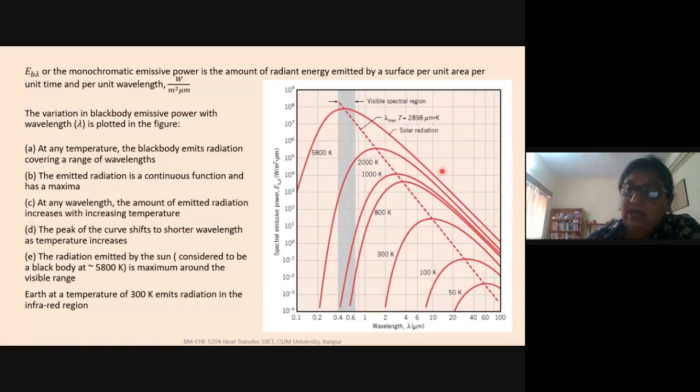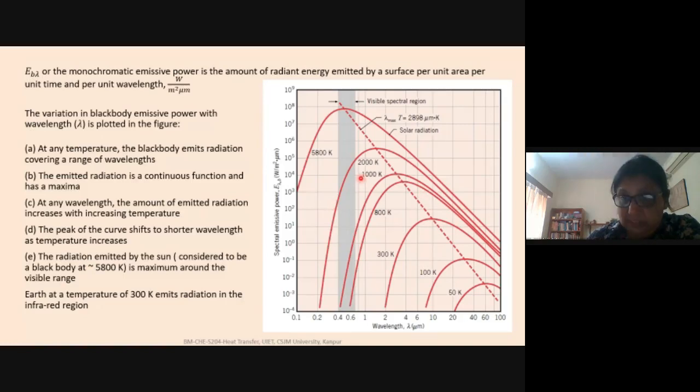So if I want to describe the figure that is out here, we can see a few points, and let us go through these points again. At any temperature, the black body emits radiation covering the entire range of wavelengths. So as the wavelength changes, the emissive power goes through an increasing value and then comes down again. The emitted radiation is a continuous function and has a maximum.